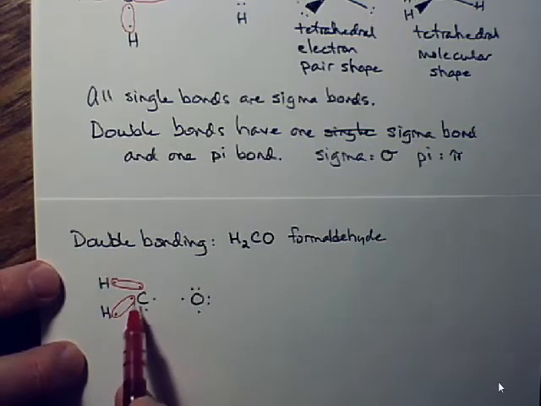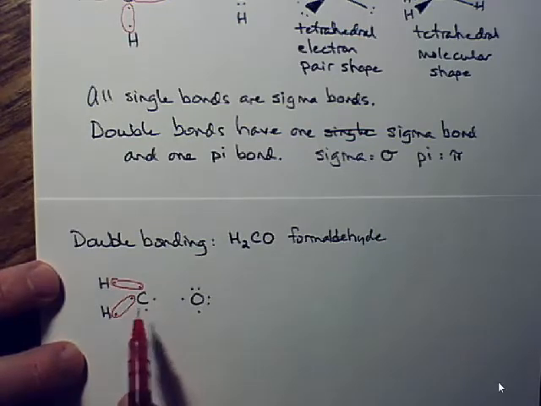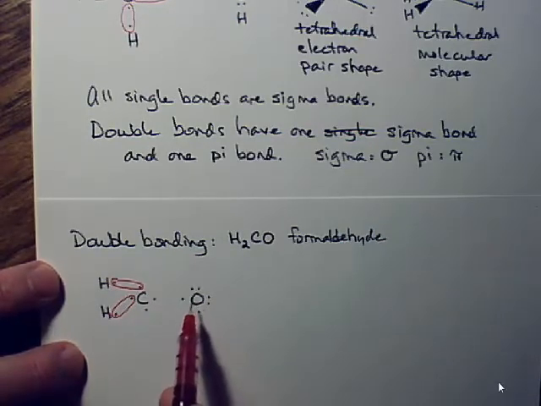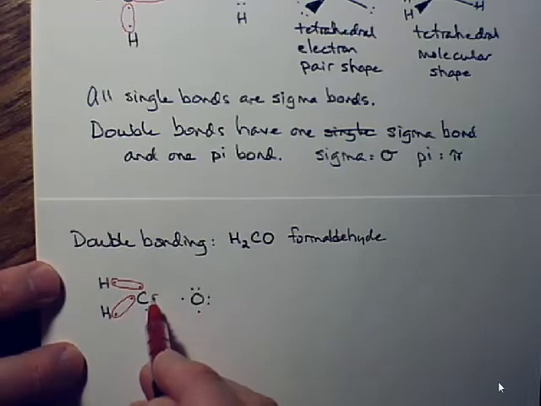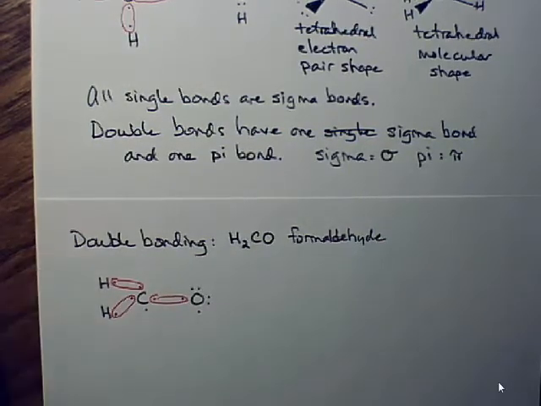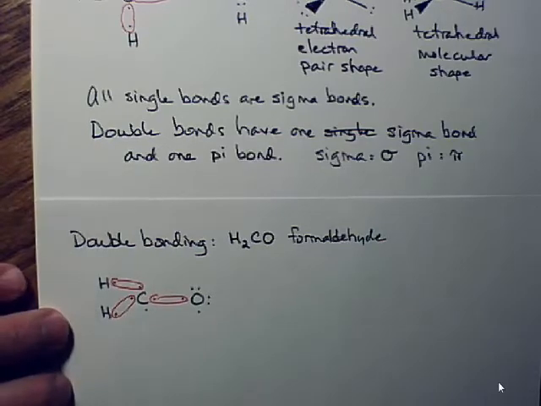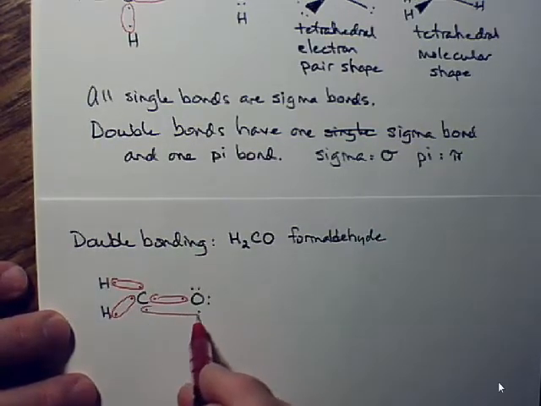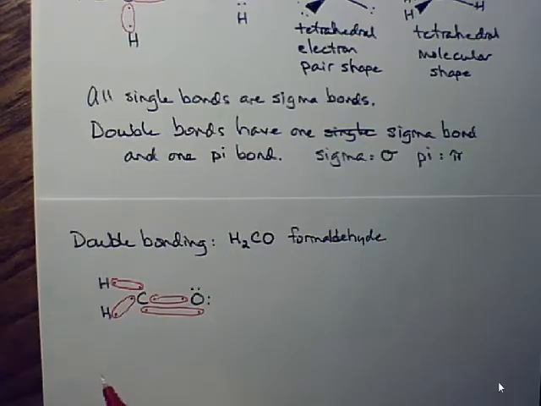This carbon now has the 4 it started with plus 2 more it's sharing. This oxygen has 6. If I share these 2 electrons, that gives the carbon and the oxygen only 7 electrons. And the only way to put this together so that both the carbon and the oxygen have a full valence level of 8 electrons is if I share a second electron. And that's the double bond. Well, that's the beginning of it anyway. All right?